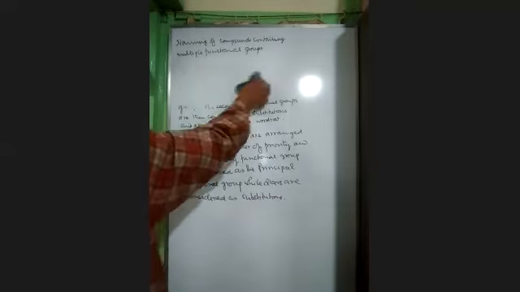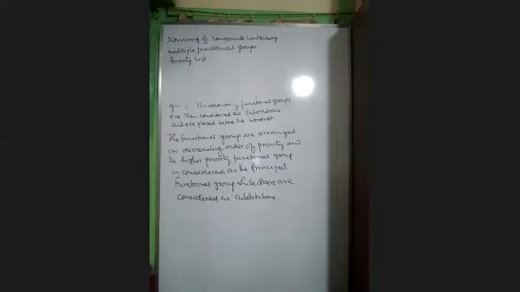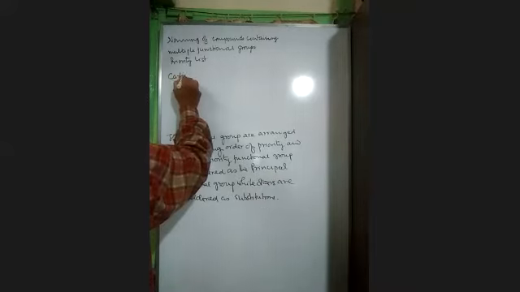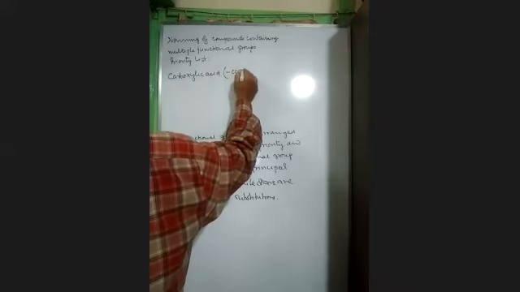So now we are going to write here the priority list. First is carboxylic acid, COOH.